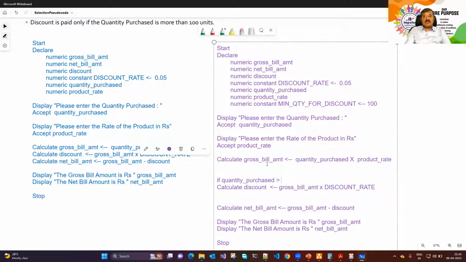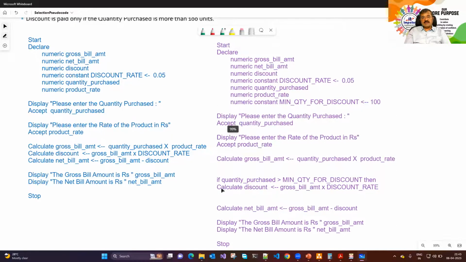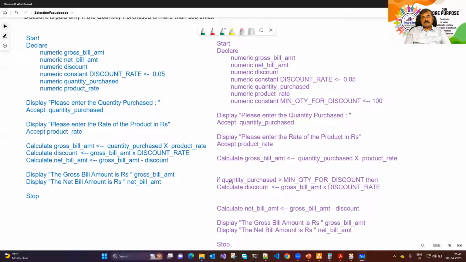So more than minimum quantity for discount. Okay, so if the quantity purchased is more than minimum quantity for discount, then I'm going to calculate this. Otherwise, I will not calculate this. Here you go.